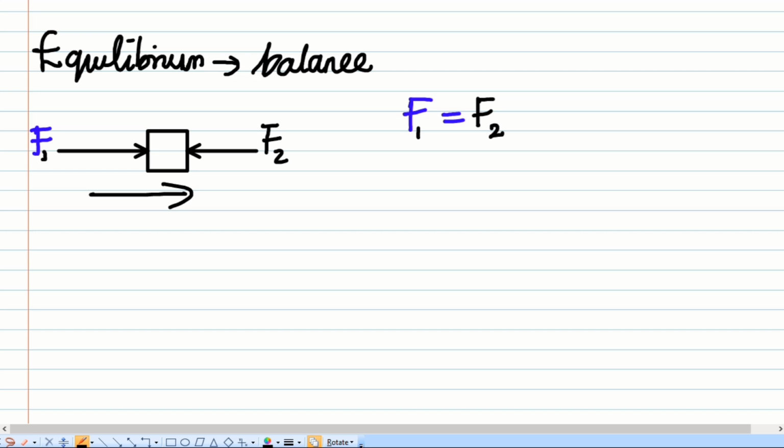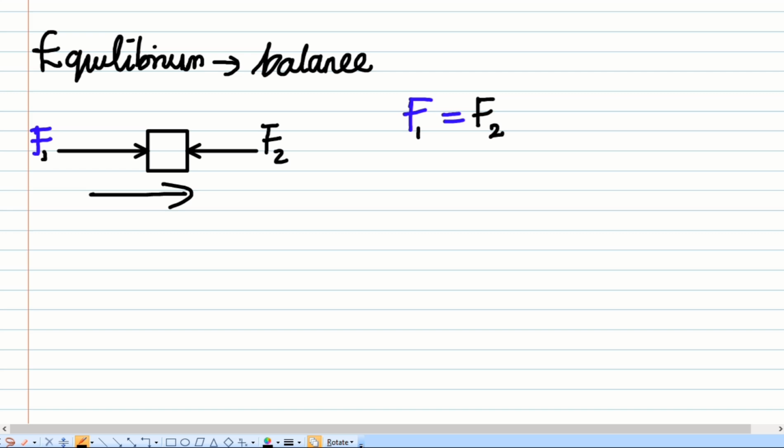So it seems as though Newton's law of motion, when we talk about the first law, that a body will remain in a state of rest unless it's acted upon by an external force, is being contradicted. No, what is happening is this body is in a state of equilibrium simply because the sum of the forces acting on it is zero.